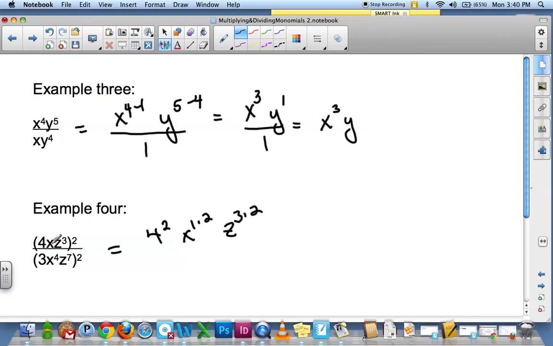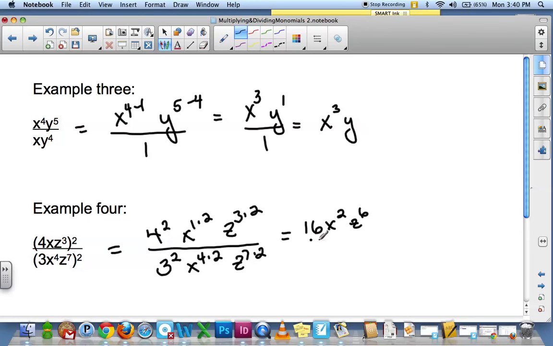Then I've got x to the first power, so I wanted to show you guys I'm multiplying the 1 and the 2. Then you multiply the 3 and the 2. So I'm going to simplify that top part while I'm here. Then I look at the base, so I'm going to go 3 squared, x to the 4th times 2, z to the 7th times 2.